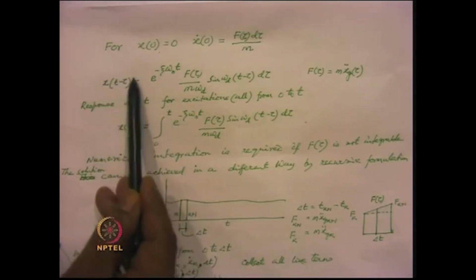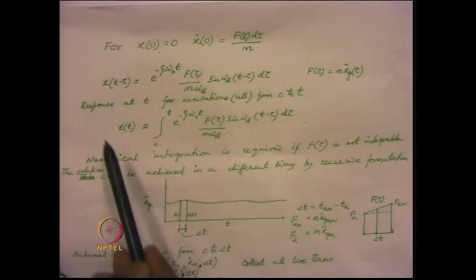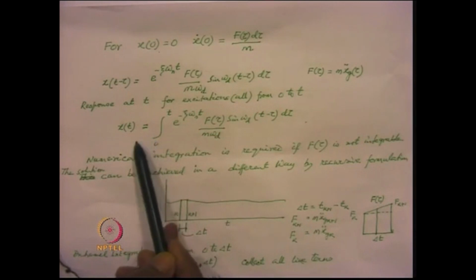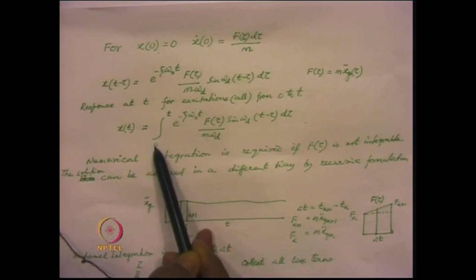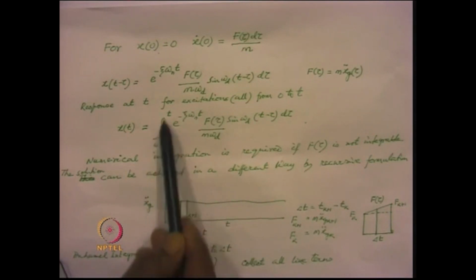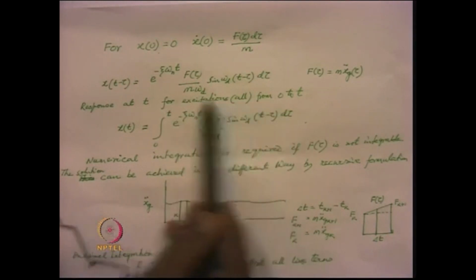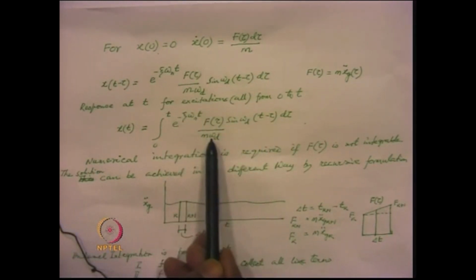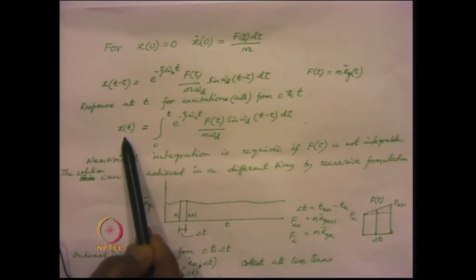Now, having obtained this x(t minus tau), one can obtain the response x(t) for all the impulses that act from this point up to time t. So, we integrate this entire expression from 0 to t, and this is known as the Duhamel integration. Using this Duhamel integration, one can find the value of the response at any instant of time t.